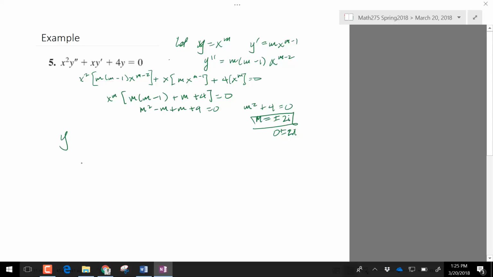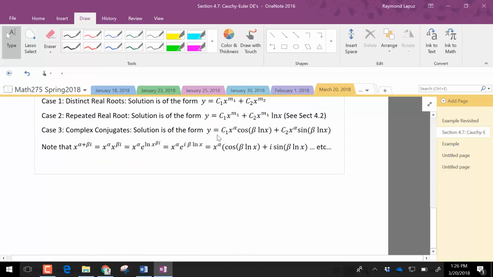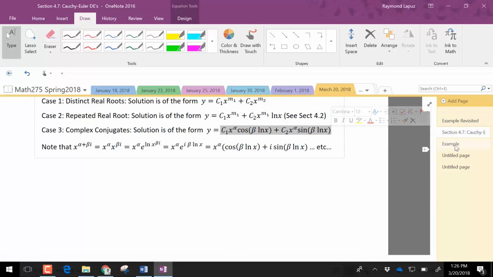So beta is equal to 2. So y, let's just go all the way here: y equals c1 cosine of 2 ln x plus c2 sine of 2 ln x. I better make sure. Yep, looks good.